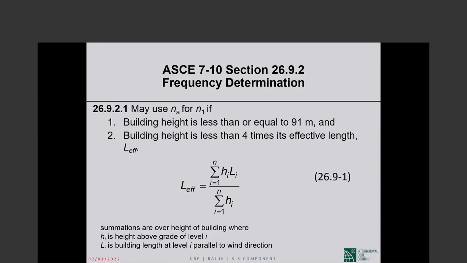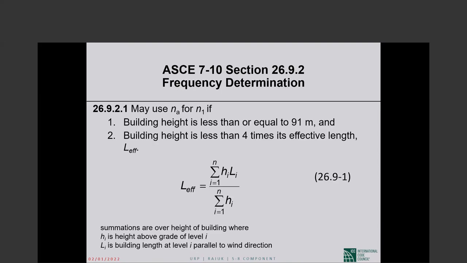The other limitation is building height is less than 4 times its effective length. We are trying to exclude the very flexible buildings from this calculation of approximate frequency. So a building taller than 91 meters is judged to be flexible, and a building with height to effective length ratio larger than 1 is also thought to be flexible.